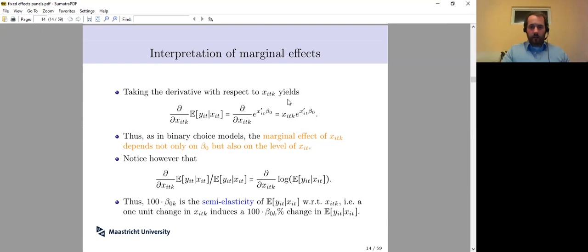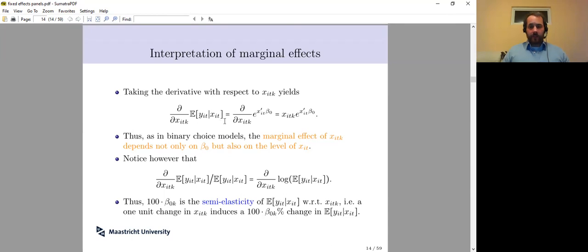So this should actually be the beta k. What happens is that the marginal effect does not only depend on the parameter, but also on the level of the x's. We had this before: in nonlinear models, the marginal effects depend on the level of the x variables, and therefore they are not constant. This is the big difference to linear models.